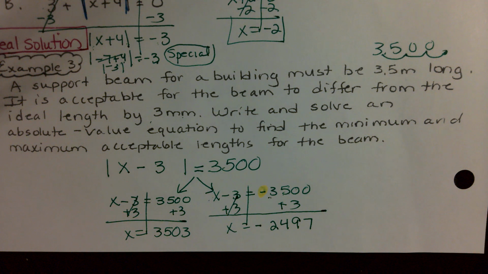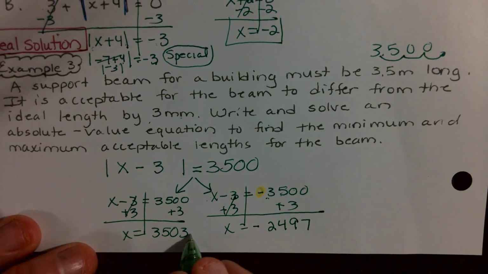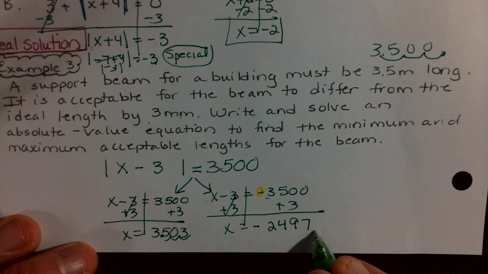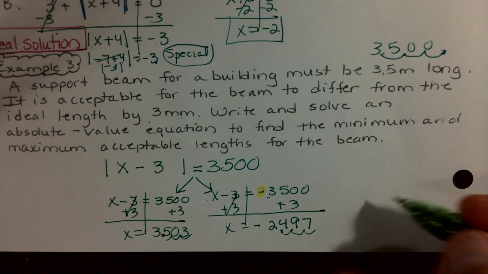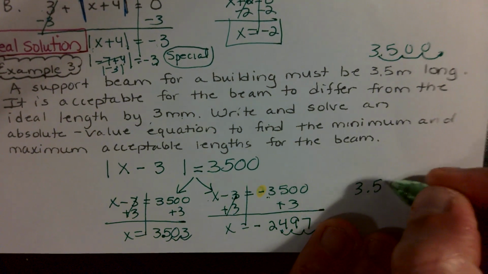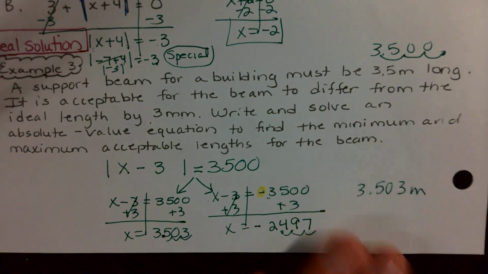But here's the difference. I want to switch it back so that it's in meters. So I need to move the decimal 3 spots again. So there it is. The biggest it could be is right here, 3.503 meters.